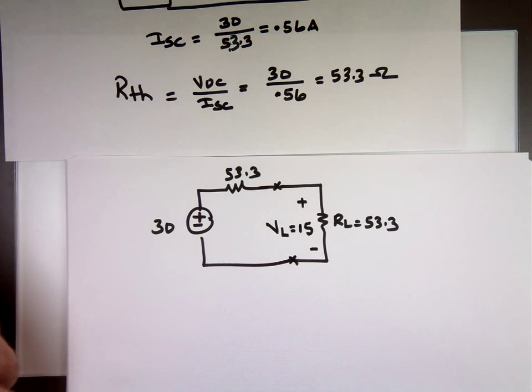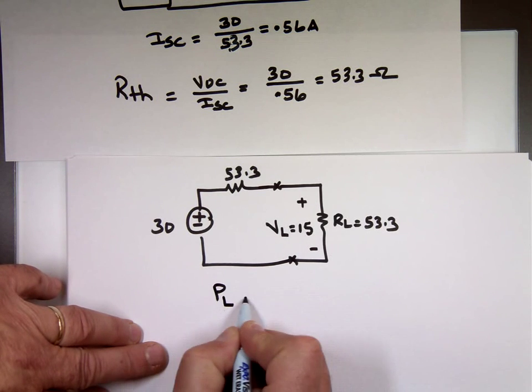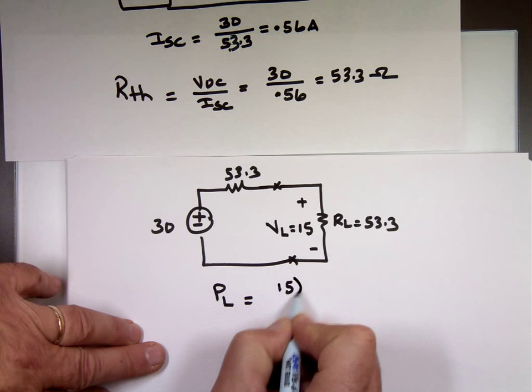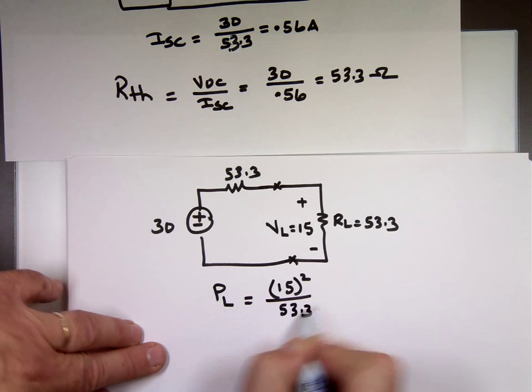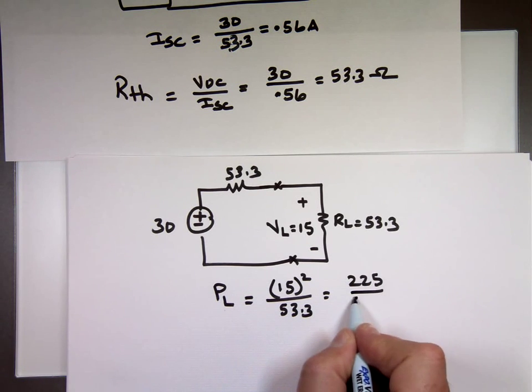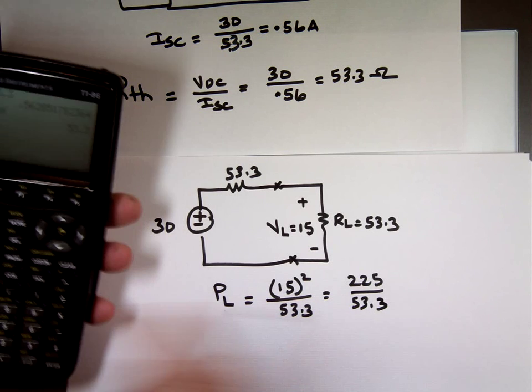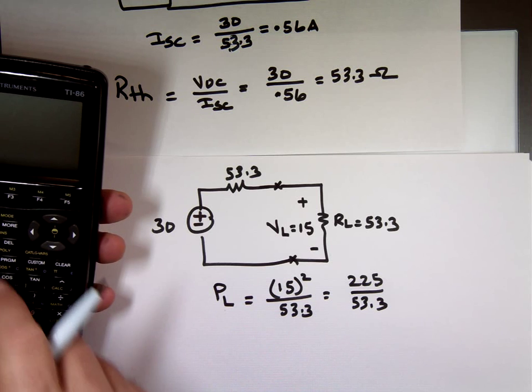So what is the power delivered to the load? Is the voltage squared divided by that resistor. 225 over 53.3. 15 squared is the voltage divided by 2, right?